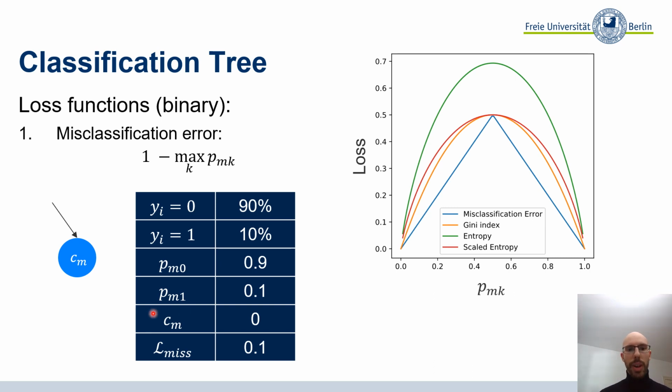So our prediction constant CM still stays 0, but now we have 10% of the training data points which get assigned the wrong value. So we have a misclassification error of 0.1. Now we can see that the loss starts increasing. As we increase the number of training data points that have a label 1, the loss keeps increasing until it reaches the maximum of 0.5.